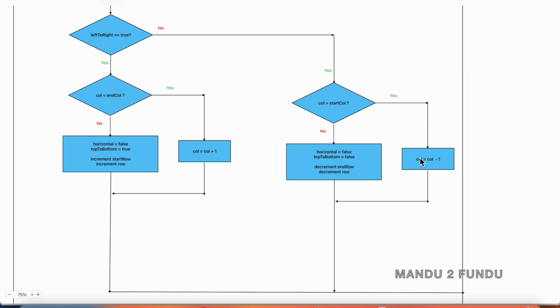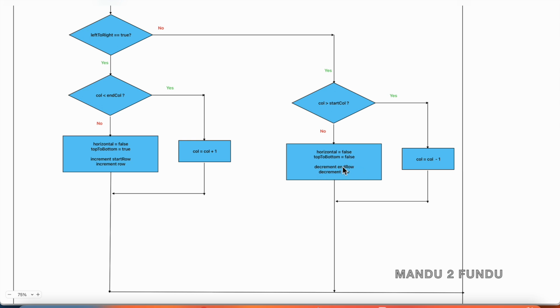So we simply decrement the column index and proceed to the next iteration of the loop. Otherwise, we will have to do the traversal vertically next. So we set false to the horizontal boolean, and then we will go from bottom to top. That's why the top to bottom boolean is set to false.